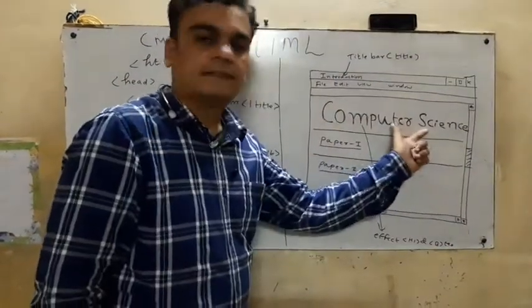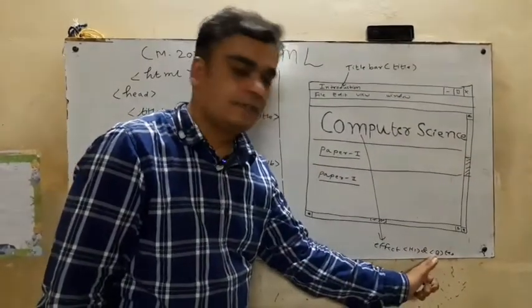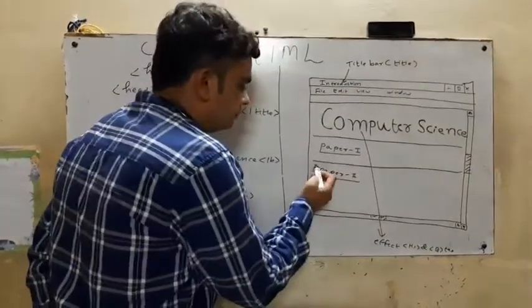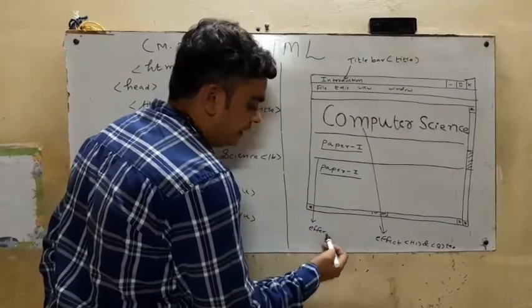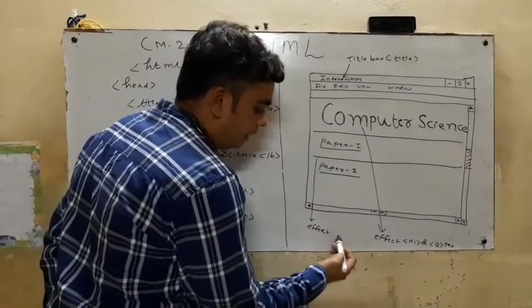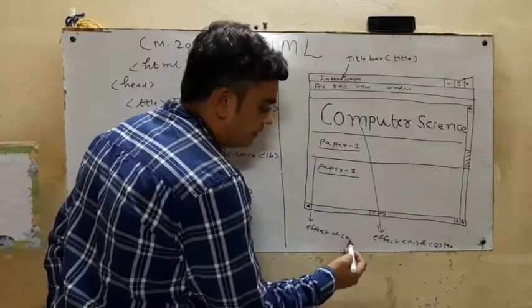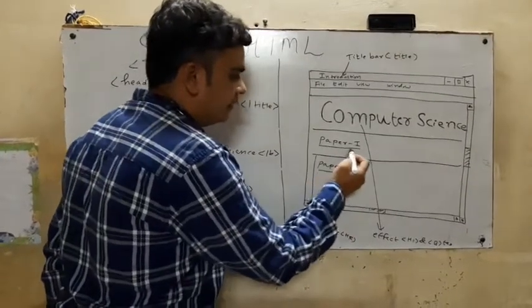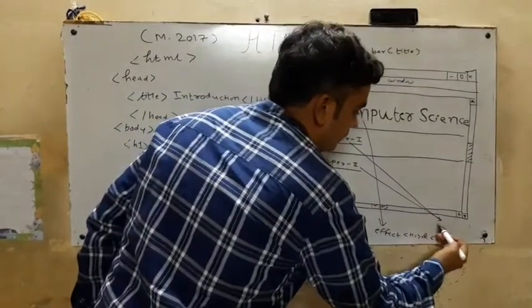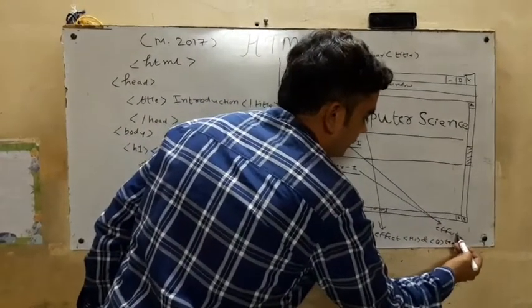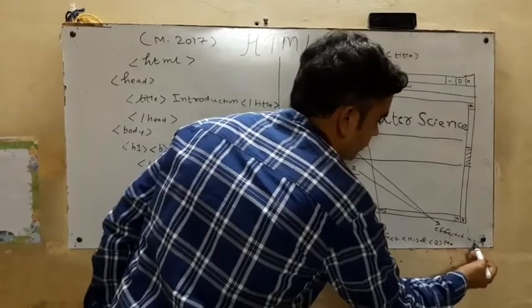This computer science is affected with the H1 tag as well as the B tag. Then this line is displayed with the help of the HR tag, so I write effect of HR tag, and for this information here I write effect of U tag.